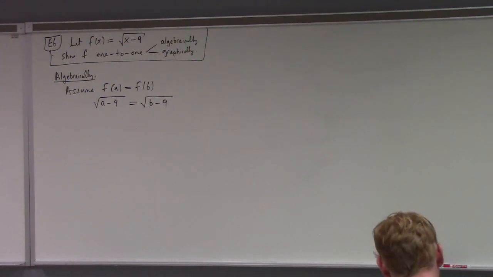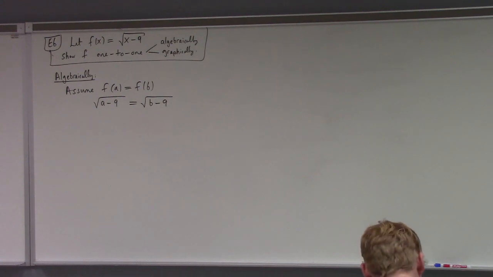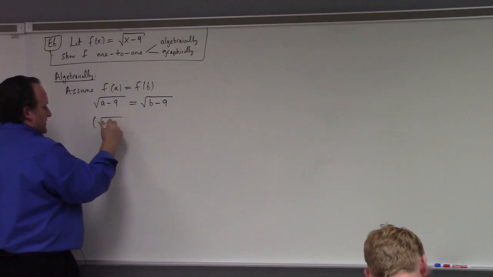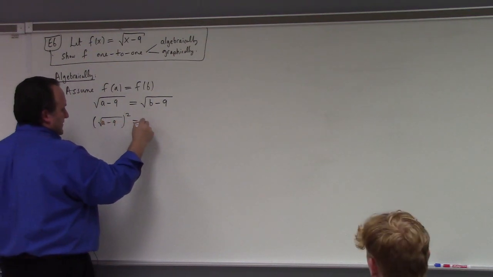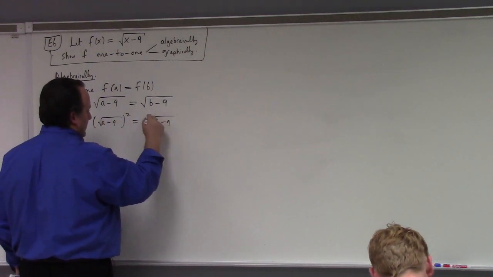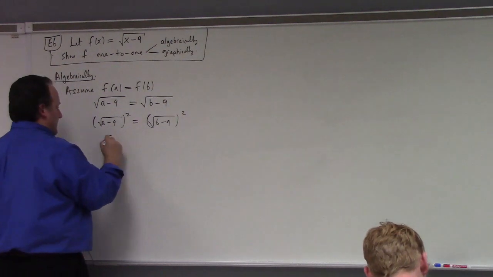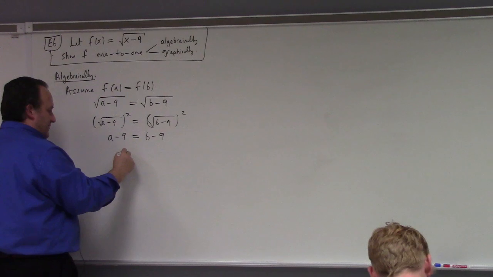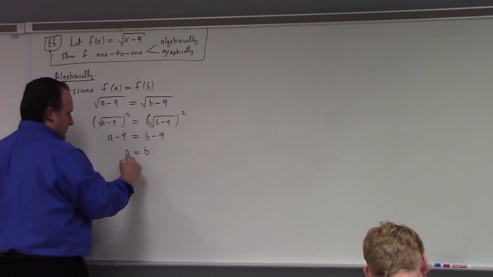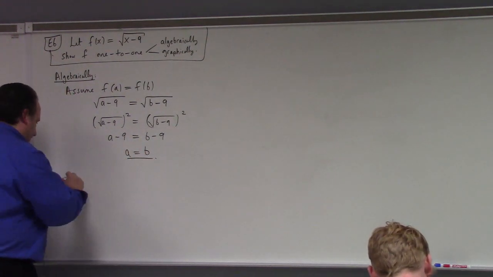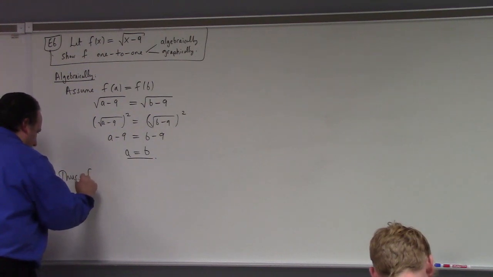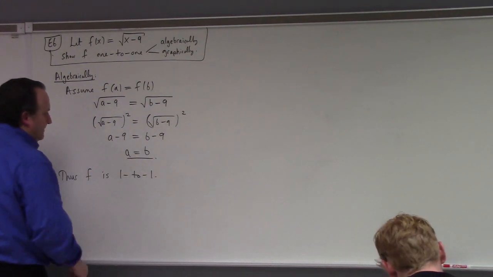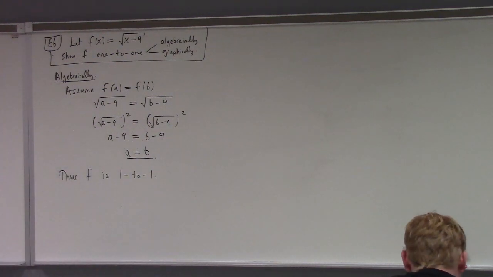Square it. So the square root of a minus 9, squared, is equal to the square root of b minus 9, squared, which gives us a minus 9 equals b minus 9, which of course then gives me a equals b. Hooray, we're done. Thus, f is one-to-one.